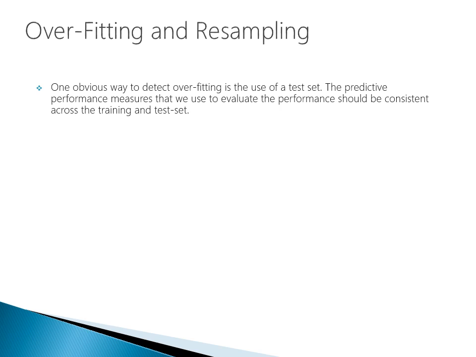One obvious way to detect overfitting is the use of a test set. The predictive performance measures that we use to evaluate the performance should be consistent across the training and test set. However, repeated looks at the test set can also lead to overfitting.